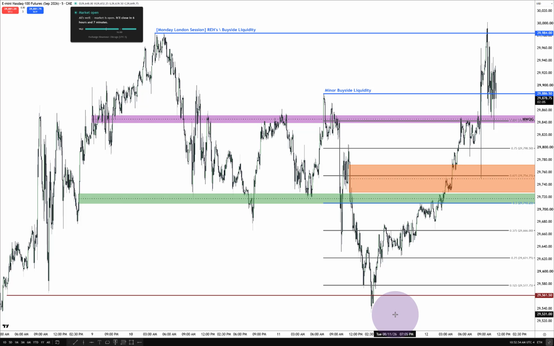Okay, so we're going to go into this range here from this high down to this low. Why am I picking that one? Well, doesn't it look obvious to you? It stands out. It's a very prominent price leg, just like this leg from low to the high is a prominent price leg. So we have this dealing range high down to this dealing range low.